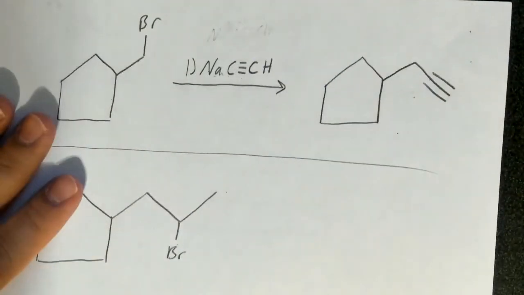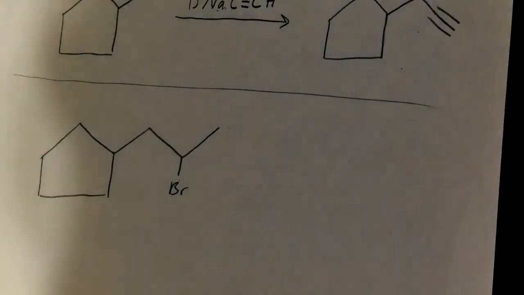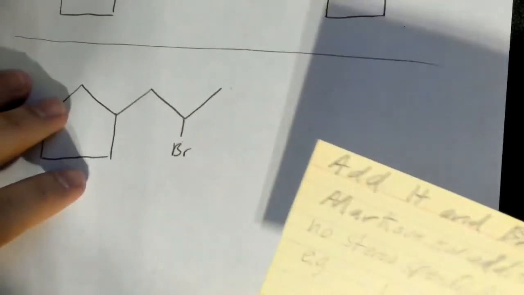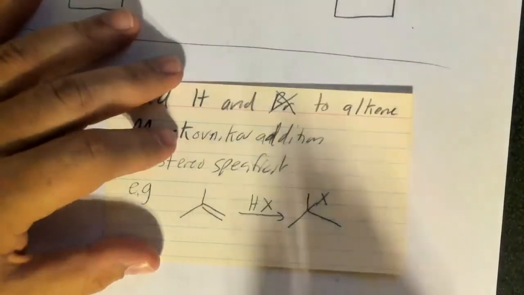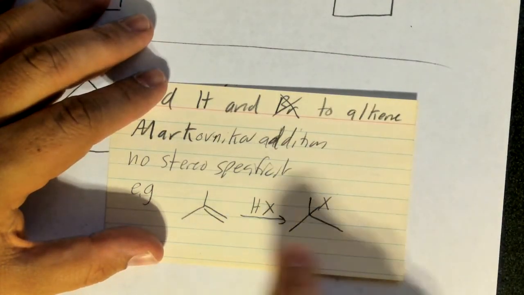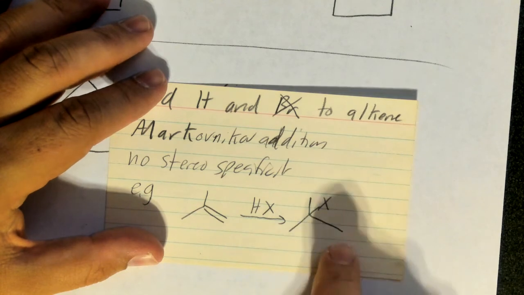The only reaction that we've really learned that does that, so far at least, is, I dropped a card, excuse me. The only one that we've learned so far that adds a bromine to carbons that wasn't there before is hydrobromination, where you add an HX across a double bond and you end up adding the X and the H.